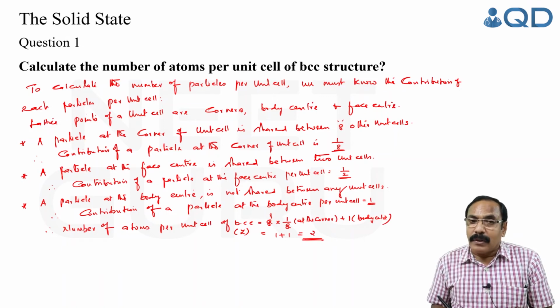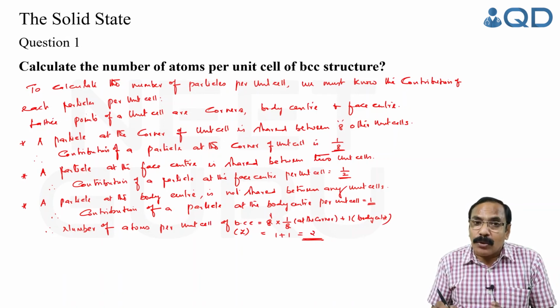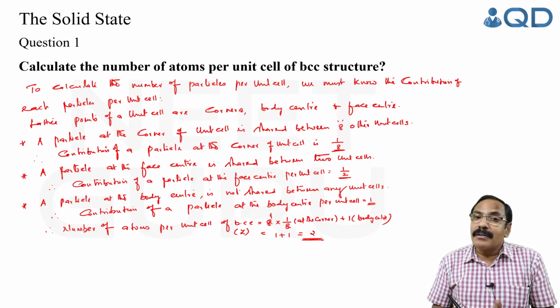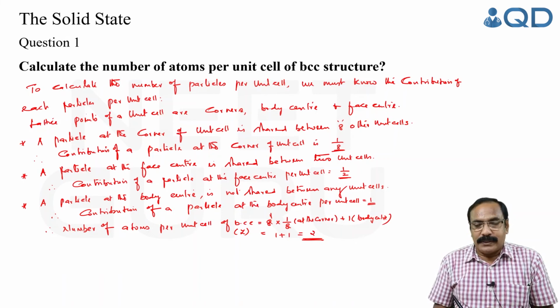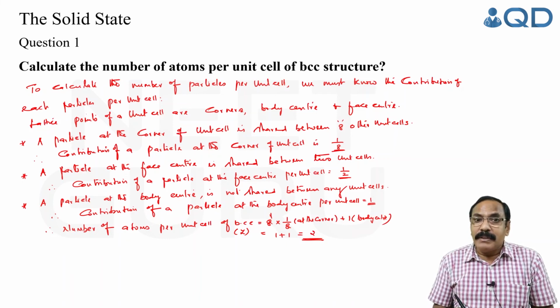Remember, the corners, the face centers, and the body centers are the lattice points. Normally particles occupy here. You will know more when I discuss solid state. There are some empty spaces called voids. Particles may also enter into voids, but they are not lattice points.